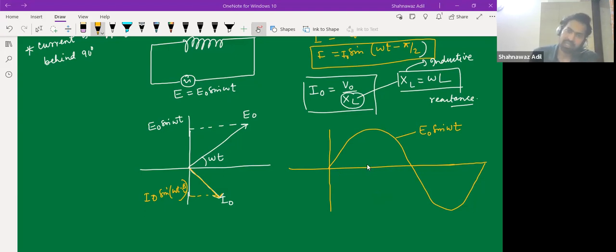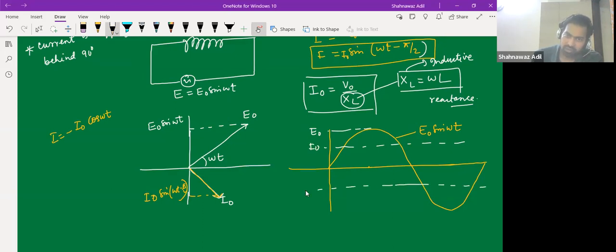And the graph of I was minus I naught cos omega t, right? So we know that this is E naught, and we know that the graph of cos is this one. So let's say this is our I naught, and minus I naught.